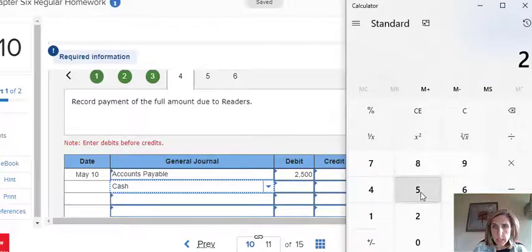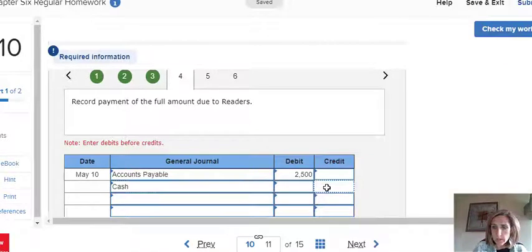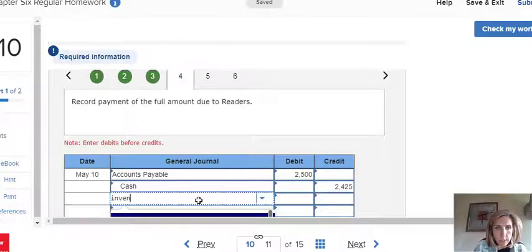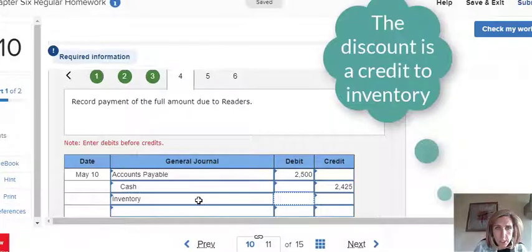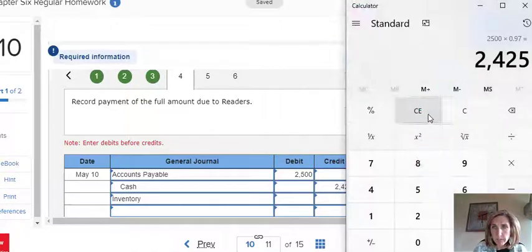So what it's going to look like is I'm going to take $2,500 and I'm going to credit cash for 97%. That would be a $2,425 credit to cash. The discount is going to be a reduction in the price of my inventory. I'm not losing inventory here.